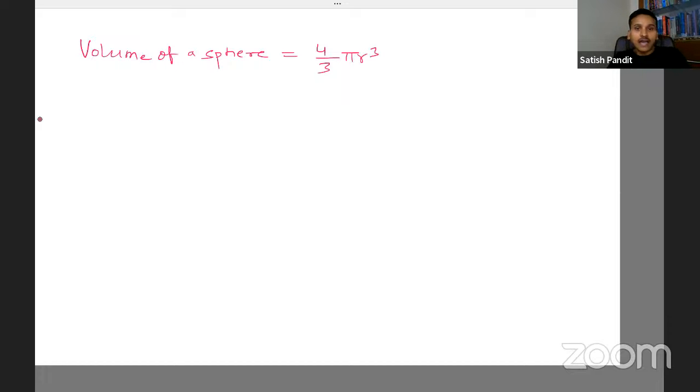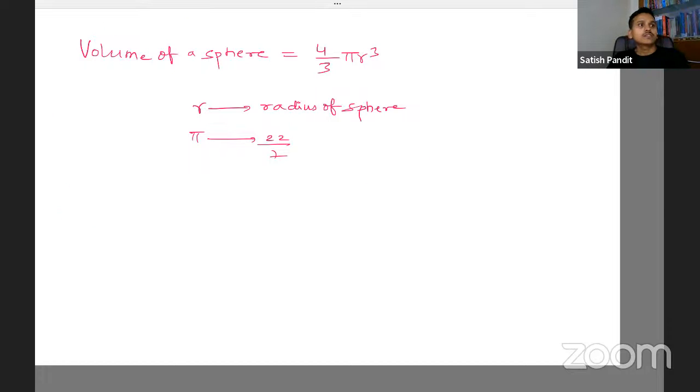What is r? R is nothing but the radius of the sphere. And pi is a constant, you have to use 22 by 7, always. Okay. So let's start with solving some questions.